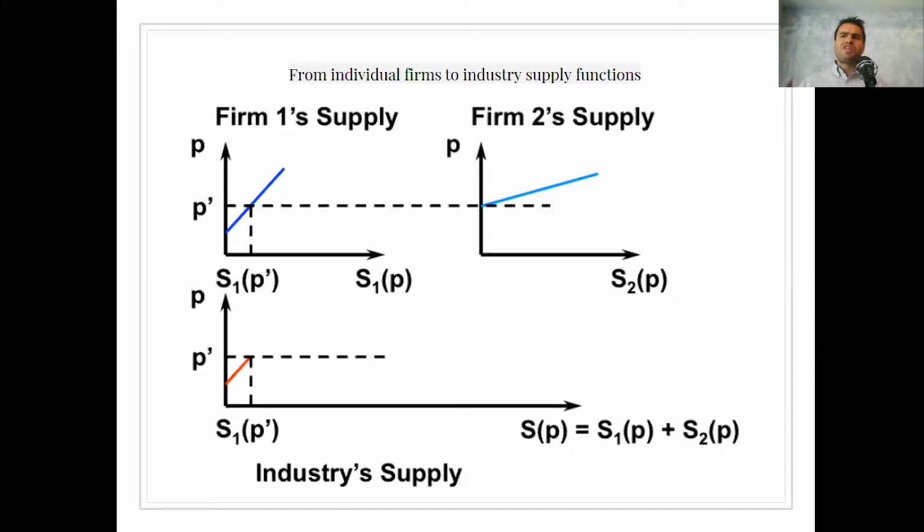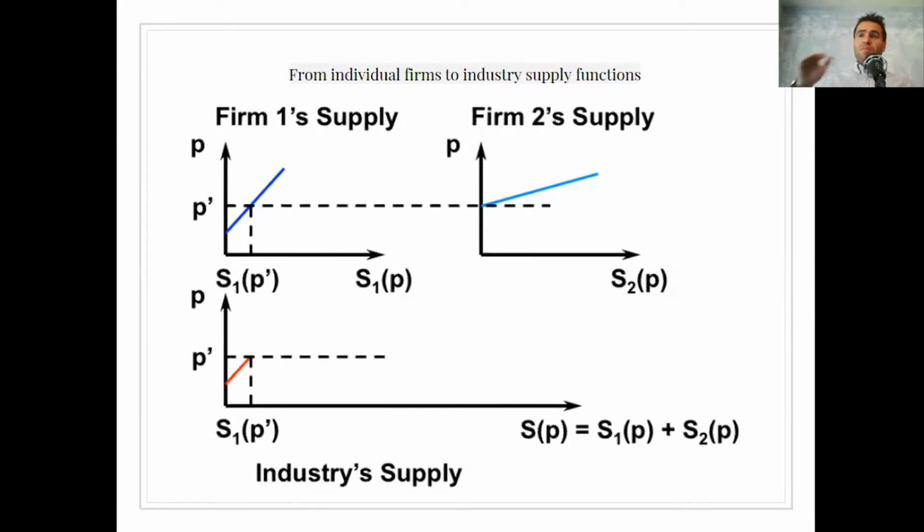But the moment you reach a certain threshold, and that threshold obviously changes from industry to industry, from firm to firm, based on their costs, they start producing. So the moment you reach the break-even point of the different firms, you can anticipate they will start producing.